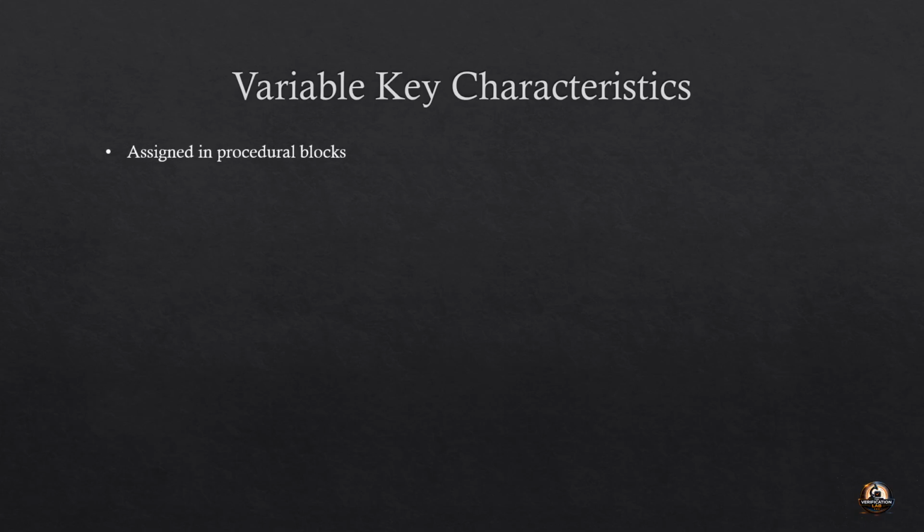Variables are assigned in a procedural block. So what are those blocks? Like initial, always, task, and function. A variable can be written by multiple procedural blocks. So in multiple procedural blocks, you can write the variable.